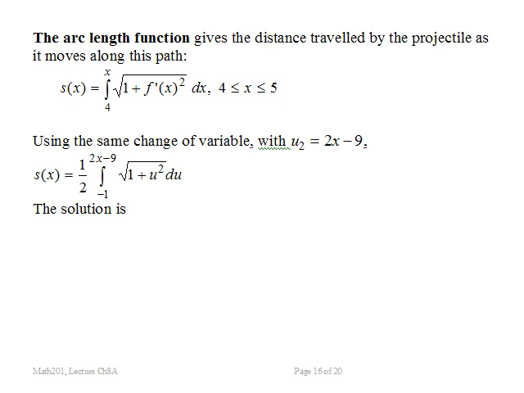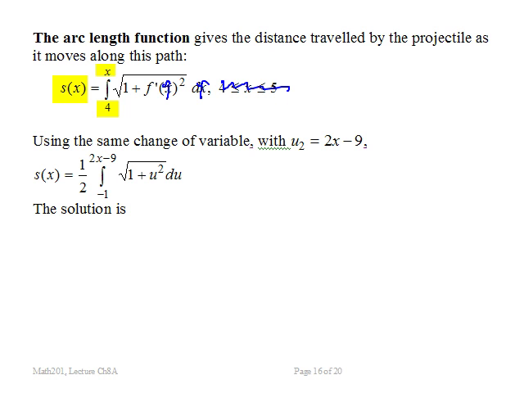Okay, the arc length function is essentially the same integral, but I'm integrating from some beginning point, in this case I'll call it 4, to some arbitrary point x. And this is the arc length function. I have a mistake in here, I'm seeing now, and that is I needed to have a different variable of integration. And I really don't need these limits.